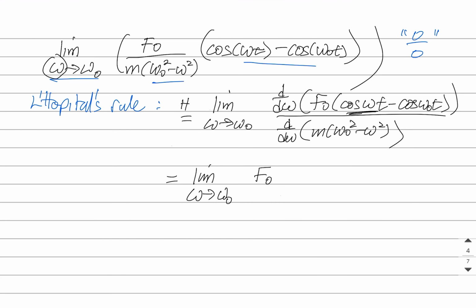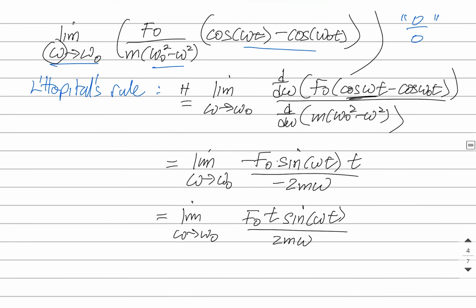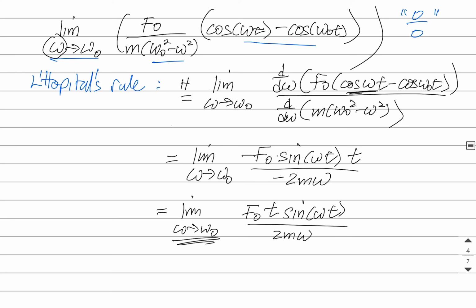And so the derivative of cosine is going to be sine, so we'll have a sine of omega t. Now remember, we're taking an omega derivative, so we'll get a negative from the derivative there and another factor of t. That's really important. Downstairs, we'll get a negative 2m omega. Now, as that approaches the natural frequency, there is no longer any problem as far as the limit being indeterminate.